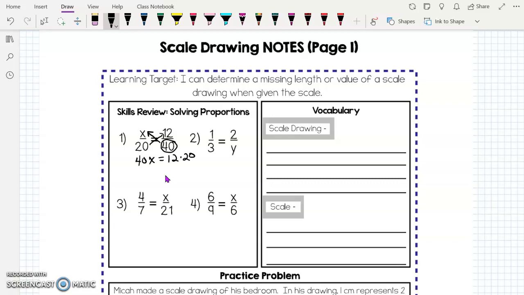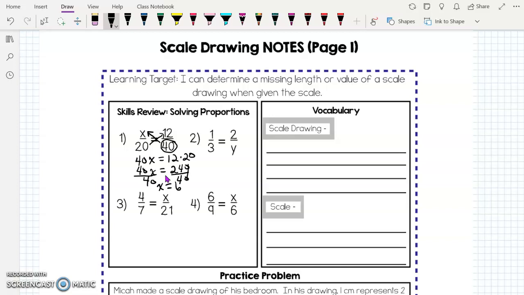And when we do 12 times 20, we get 240. So 40x equals 240. Next, we would divide by 40. And so we would then see that x equals 6.